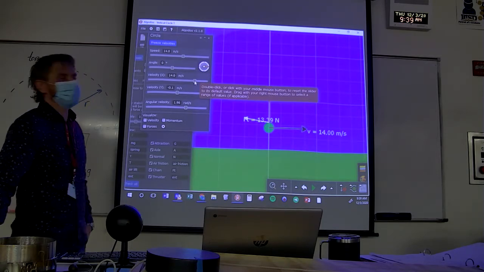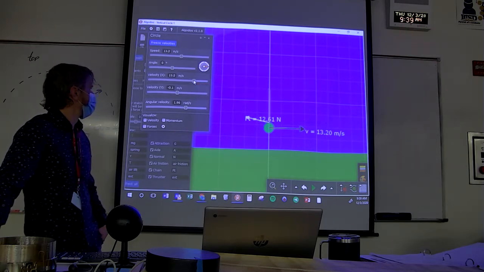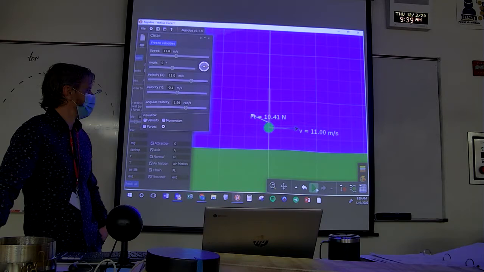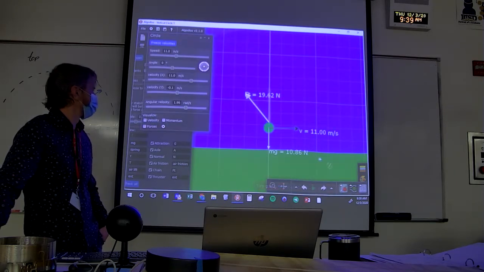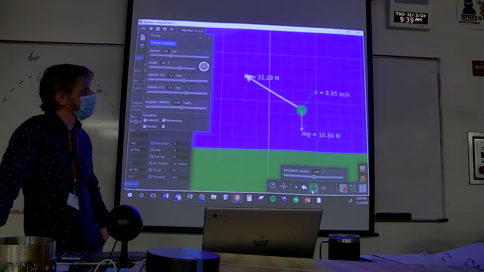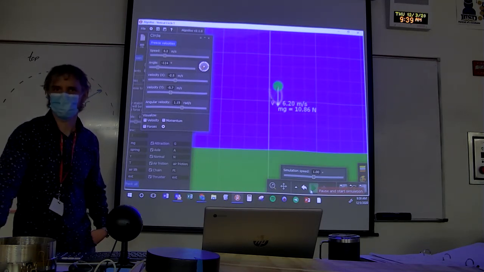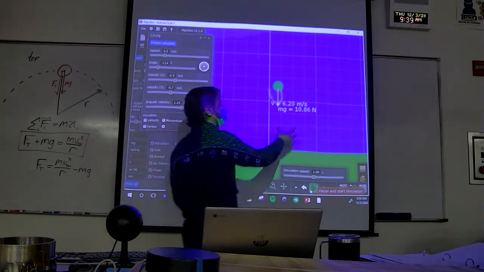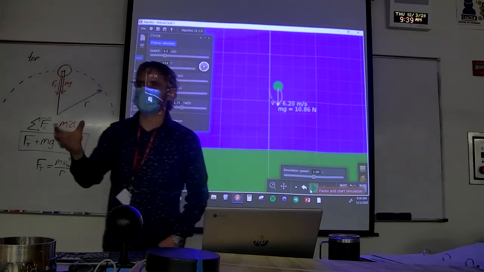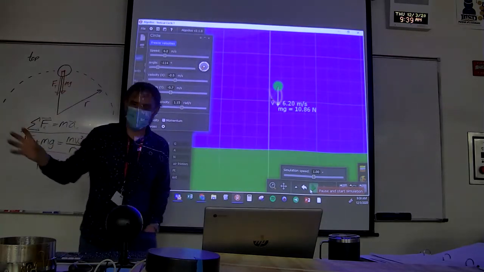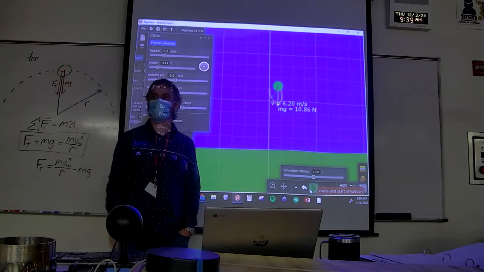Okay. What if I don't go fast enough to get through the loop? Then you go back down. Oh, wait. I forgot to turn on gravity. If I don't travel fast enough to get through the loop, it becomes a projectile. Right? As soon as something happens, it then becomes a projectile. What happens to make it become a projectile? It wasn't a projectile before, but then it becomes a projectile when there's no tension in the rope.